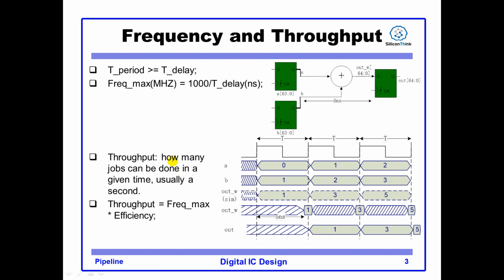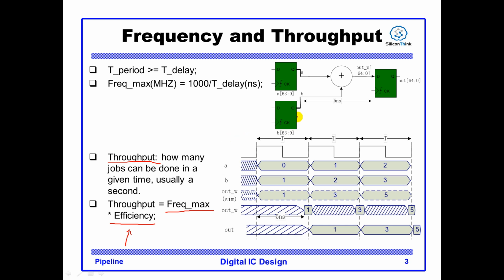So what's the throughput for this circuit? The definition of throughput is how many jobs can be done in a given time, usually in a second. Throughput is usually equal to the maximum frequency multiplied by efficiency. What is efficiency? Efficiency is the percentage of active cycles.